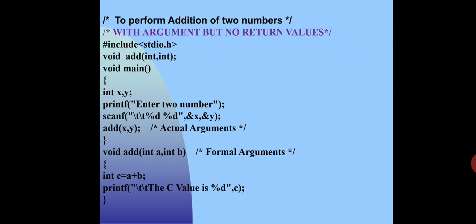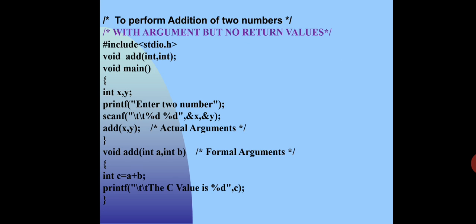Here we can see that the void add of function is declared in the global declaration portion. Then in the main function, we are declaring two variables x and y. From the main function itself, it is reading those two variables.